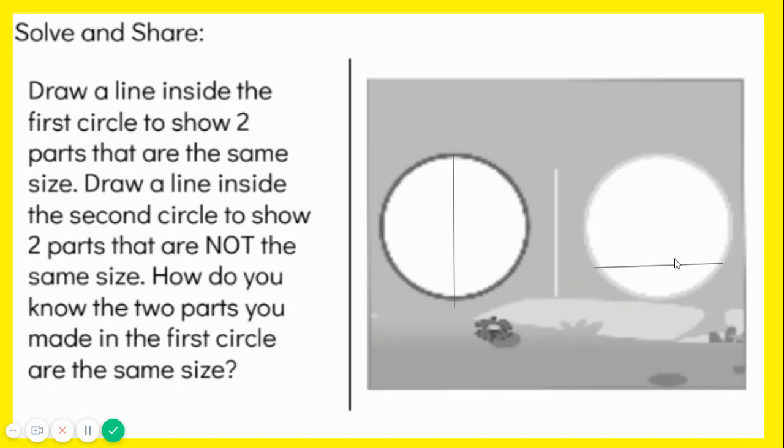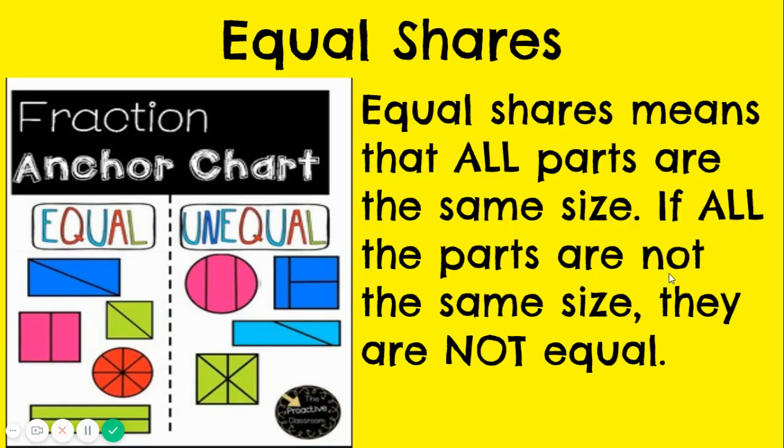This circle has been divided into two parts, one, two, but they are not the same size, so they are not equal shares, because this part is bigger than this part. Equal shares means that all parts are the same size. If the parts are not the same size, then they are not equal.